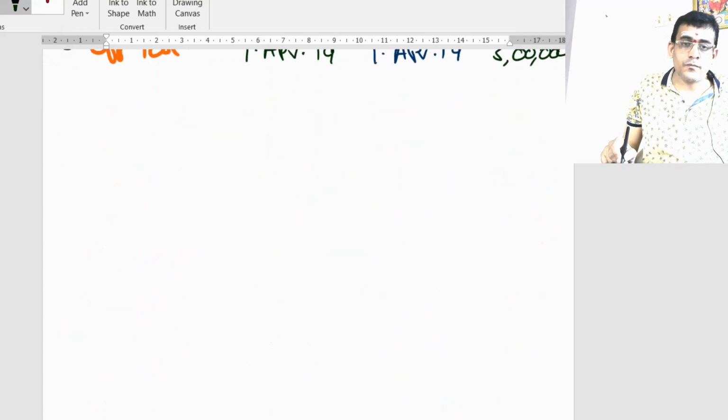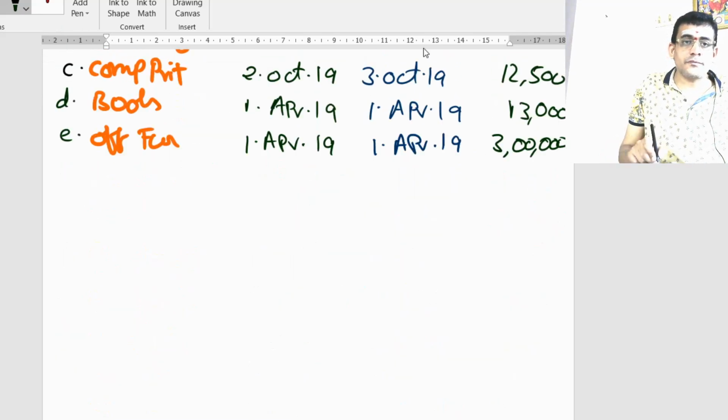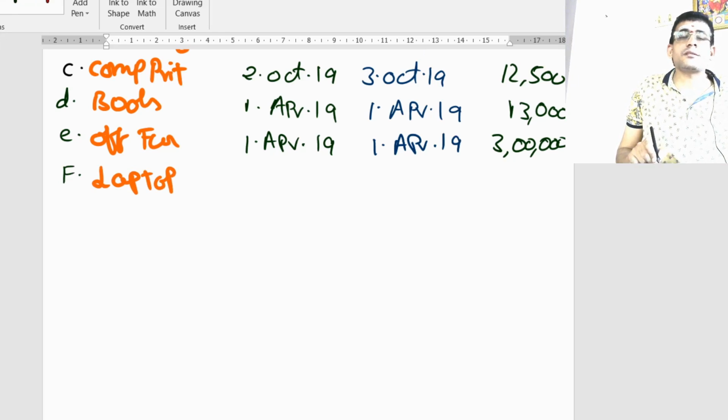Now the next asset, laptop. Even a laptop is considered a part of your computer, so the rate of depreciation is going to be 40%.